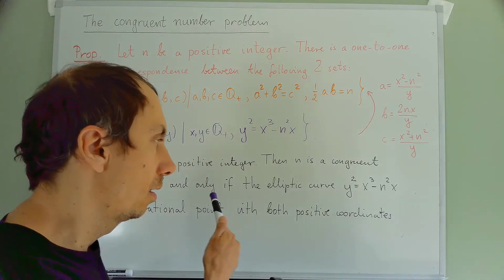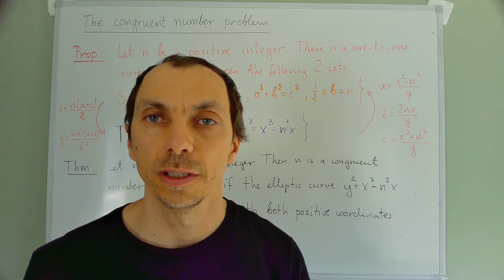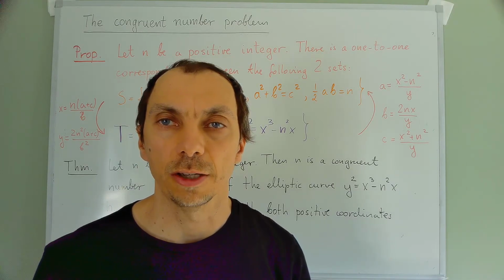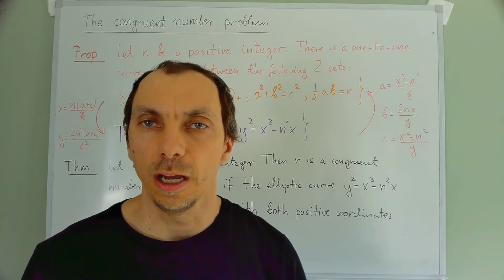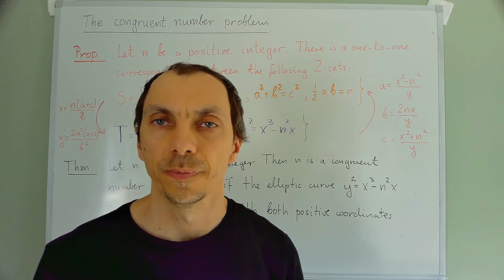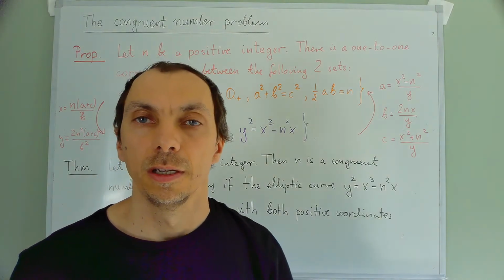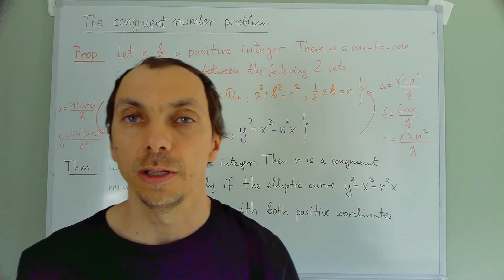Why is that a valuable thing? Well, first of all, I would claim that the most valuable theorems in mathematics all are about linking two things that do not look on the face of them as if they had something to do with each other. Here we're linking some deep problem about congruent numbers to another deep problem that concerns elliptic curves.